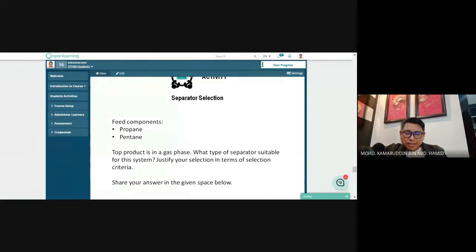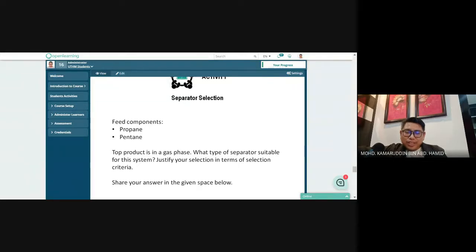Sebab tu saya cakap flash boleh pakai. You can recover propane as a gas using flash. Because if you use flash, always you get gas at the top and liquid at the bottom. Sama juga dengan absorber.